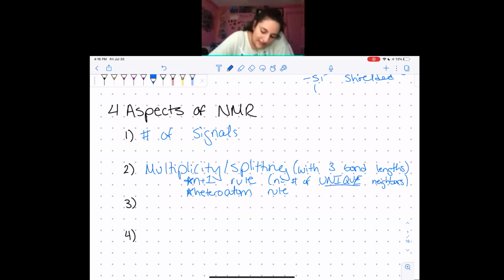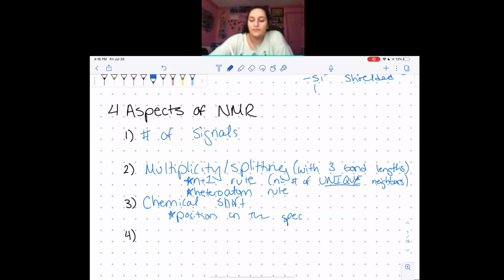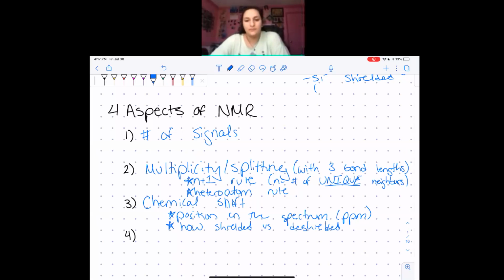Number 3 is chemical shift. And chemical shift is just going to be something's position on the spectrum, which would be in ppm. And we can also say that that tells us how shielded versus deshielded something is.